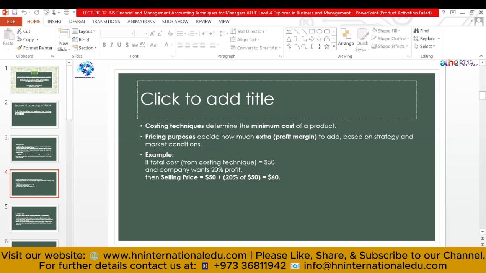Okay. For example, the total cost from the costing technique, remember, total cost is created when we amalgamate both the fixed cost and the variable cost. Fixed cost does not change and the variable cost constantly changes. It is $50. Now the company wants 20% profit.